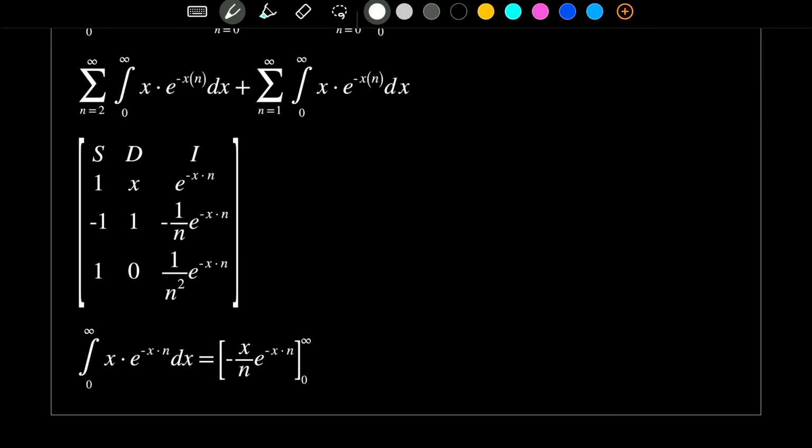We're going to evaluate that in a moment, and then again diagonally, but now we again have to multiply by minus 1, so we're going to get minus, and then 1 over n squared times e to the power of minus x times n, evaluated from 0 to infinity.